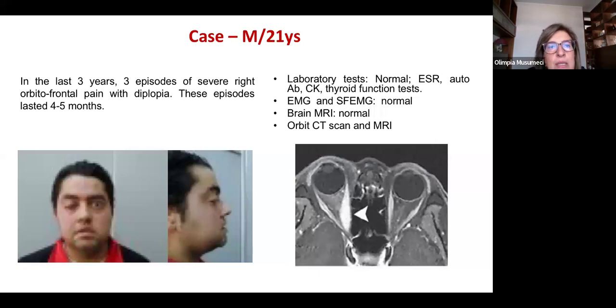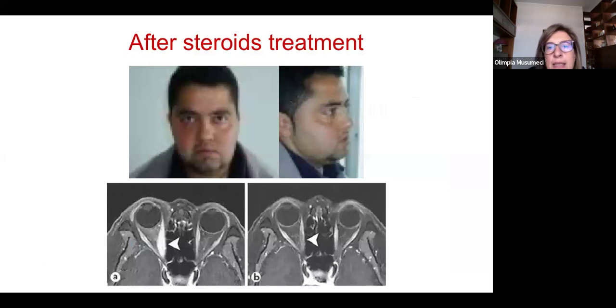The patient was treated with corticosteroids with resolution of the condition. And this is what we see after steroid treatment, both from the clinical and the neuroimaging point of view.